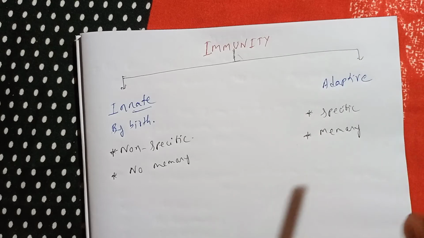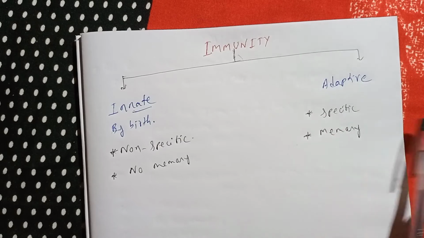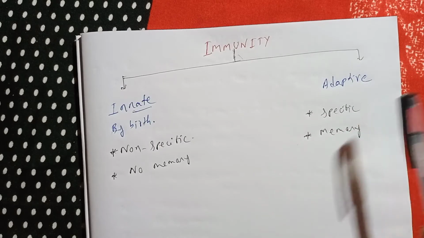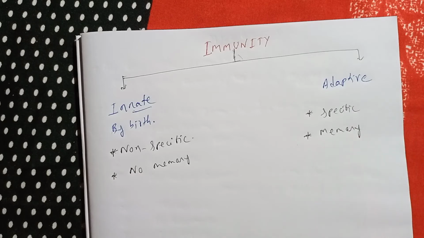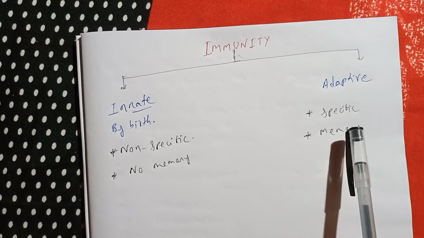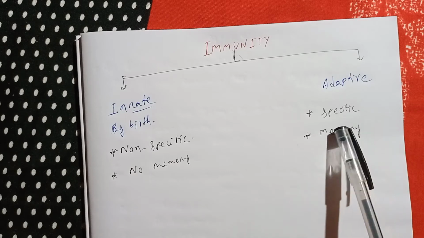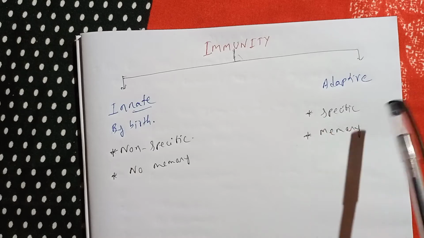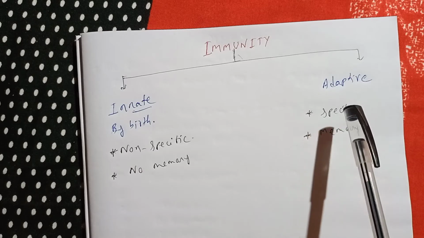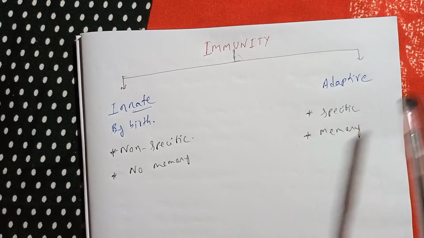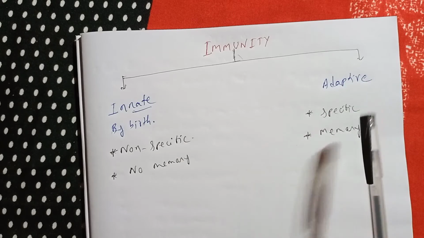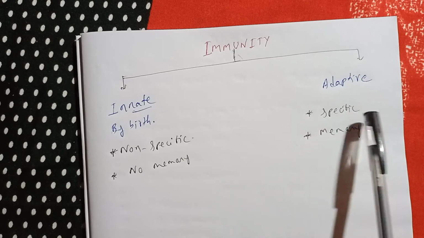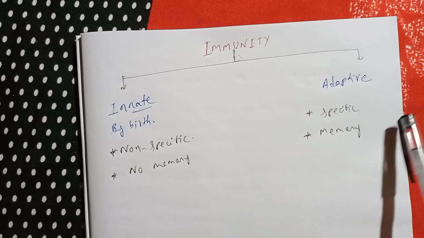But if the same pathogen attacks our body a second time, the body will produce the antibody very fast. Why? Because after the first exposure, the adaptive immunity has memory. By the memory, they can recognize the same pathogen, so it is easier for them to make antibodies very fast. That means they will take less time than the previous one.